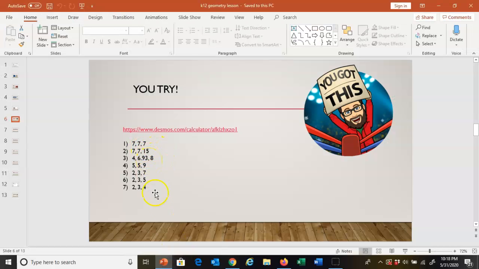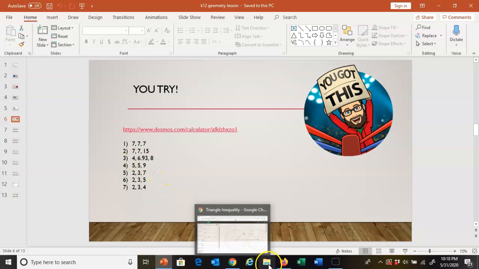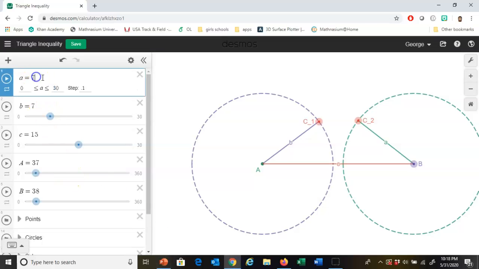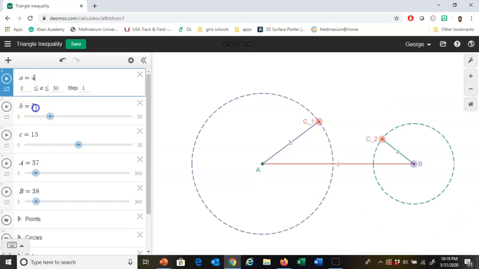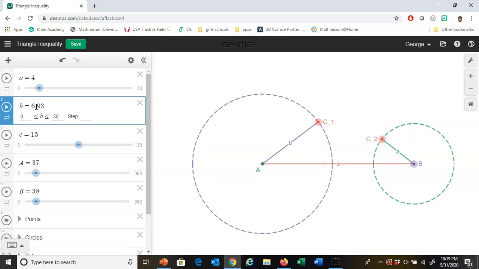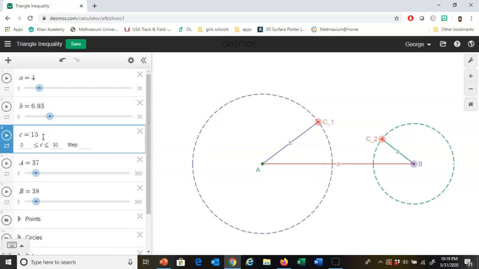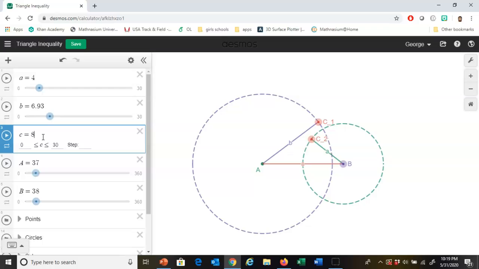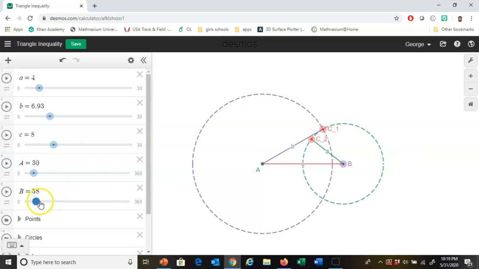Next one, 6.93, 4, and 8. This looks a little more promising. We can probably make that work. So angle A needs to get a little bit smaller. 30 looks good.